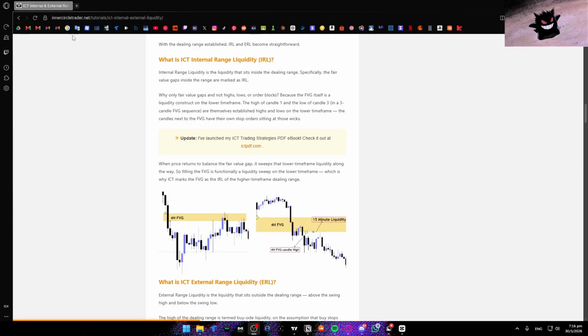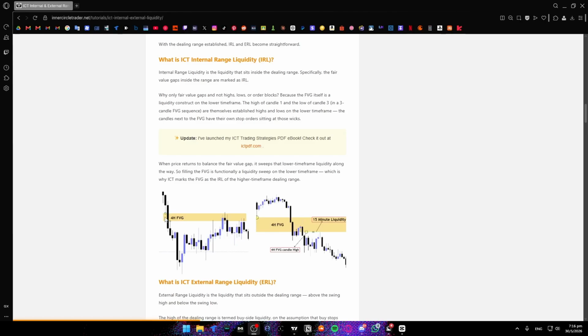Alright, now I'm in innercircletrader.net. It's just a resource. You can go here and learn from it. It's really helpful. They give like textbook definitions. And so internal range liquidity is just a fair value gap, like the three candle formation I told you. And it acts like a magnet.